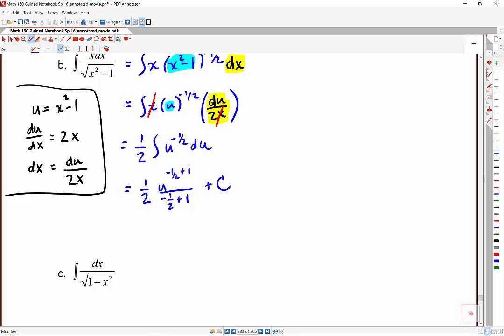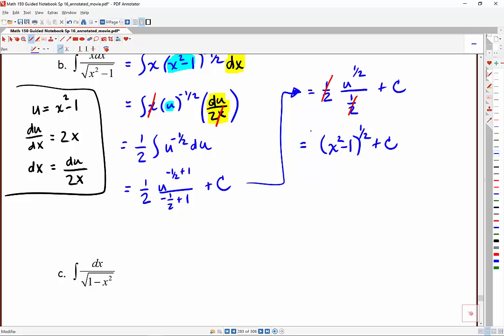Okay, so continuing, we will have 1/2 times u to the positive 1/2, and then that's going to be divided by 1/2 plus c. So the 1/2s will divide each other out, right? And that's going to give us our u to the 1/2 plus c. And what was u? Perfect. x squared minus 1 to the positive 1/2 plus c.